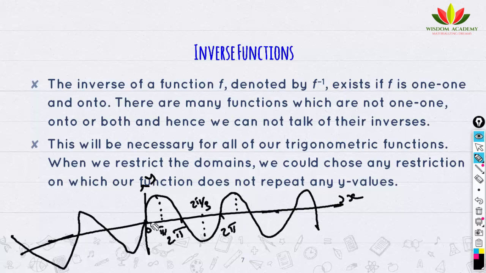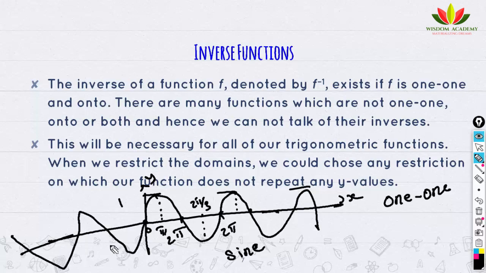Now let me see whether it is a one-to-one function, because to have an inverse function I need the function to be bijective. I have taken sine as an example and I'm checking whether it is one-to-one. Definitely it is not one-to-one. Why? Because I am getting the answer 1 in several regions, and similarly 0 in several regions.